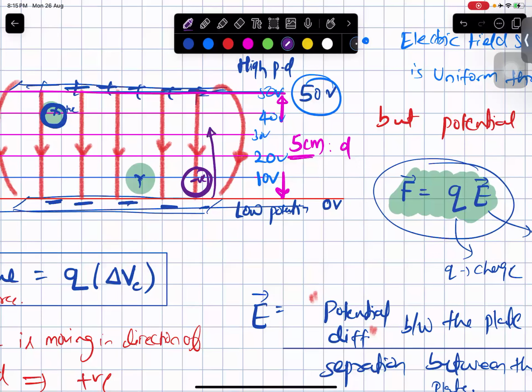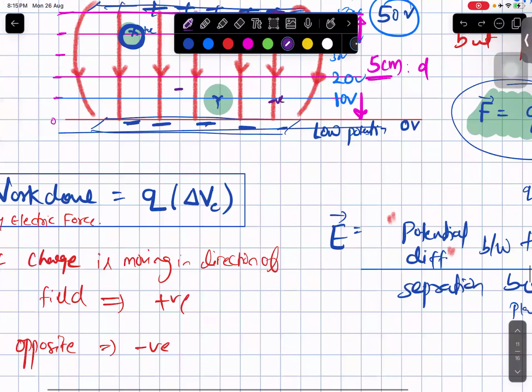In that case, you have to push it in the opposite direction, and that will be considered negative. It'll be minus work done.